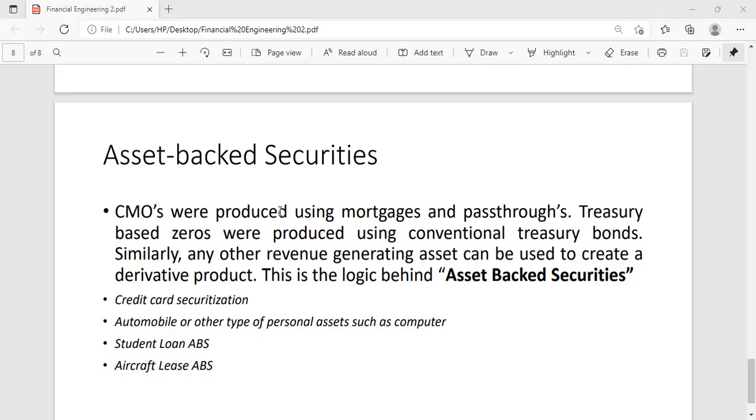If you understand all of these MBS and CMOs, then you can understand the asset-backed securities. So any cash flows from any assets that back the debt issuances can be treated as asset-backed securities, ranging from credit card securitizations to aircraft lease asset-backed securities, to name a few.